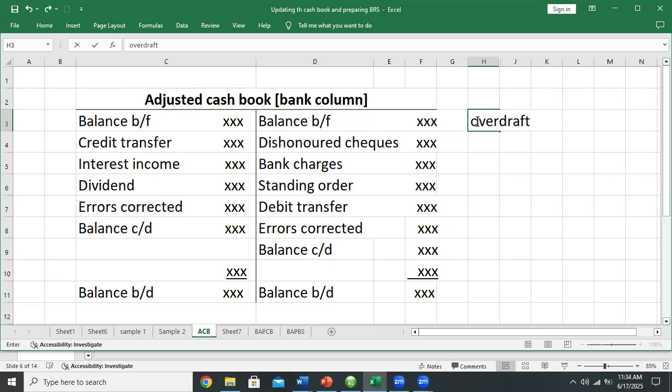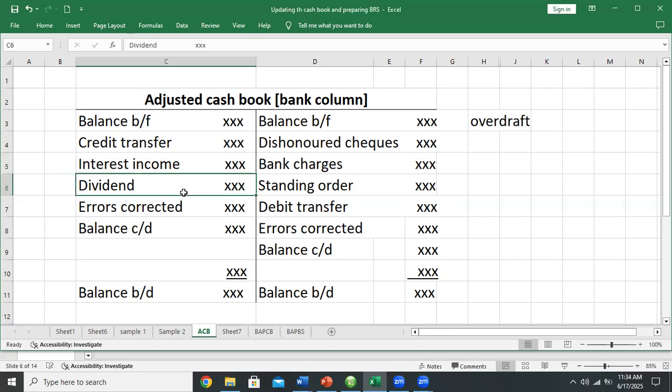Okay. So depending on the question, you may have an overdraft or a normal favorable balance. You put it in. So we put overdraft at the credits or credit balances at the credit and debit balances here. Then the things that I mentioned, so you can see the credit transfer, income received, dividend received.